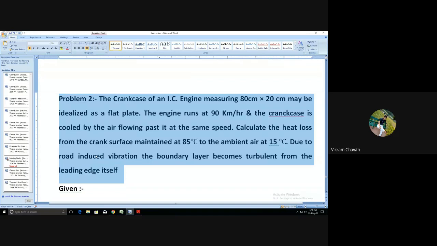So 80 centimeter is the length and 20 centimeter is the width. The crankcase of an IC engine measuring 80 centimeter multiplied by 20 centimeter may be idealized as a flat plate.